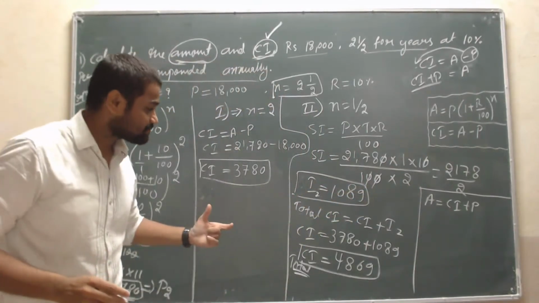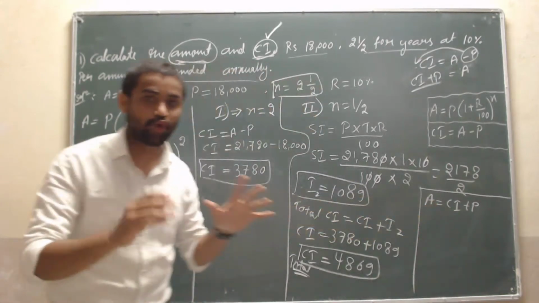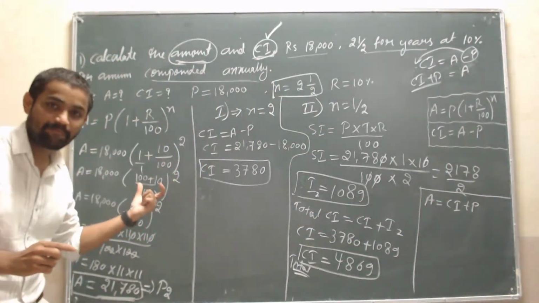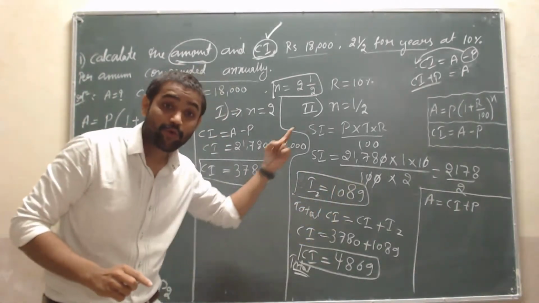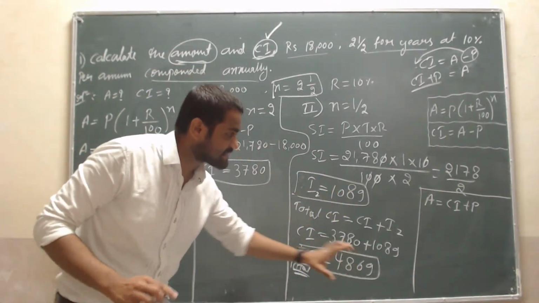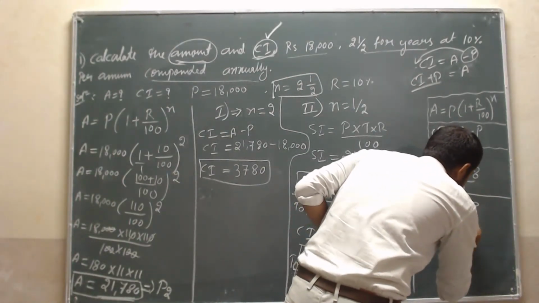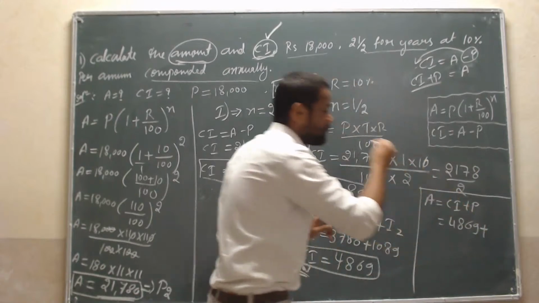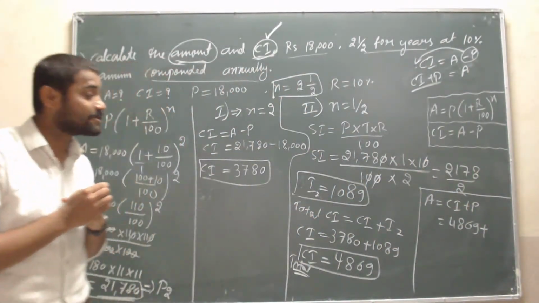Which CI will we take here? Sir, we should take the total CI. Don't take only 2 years, don't take only half year. That is the total CI, that is 4,869, plus P. P is nothing but the principal amount. Which one will you take as the principal amount?